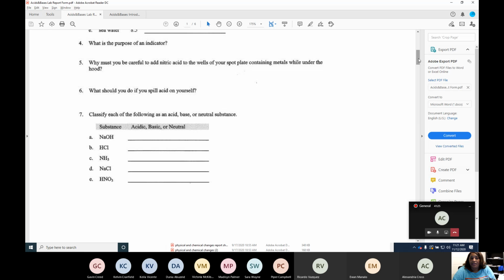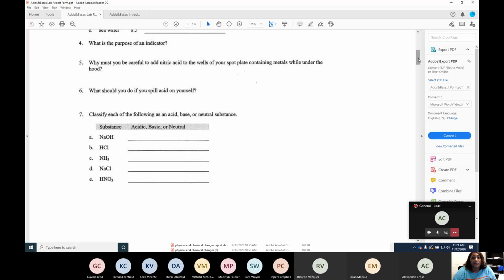Nitrous acid and other dangerous acids may result from the reactions with certain metals. And so that's why we would want to do the reaction under the fume hood, because the fume hood will take those toxic gases out of the room.